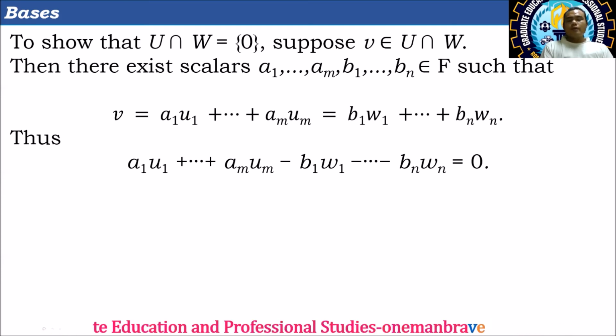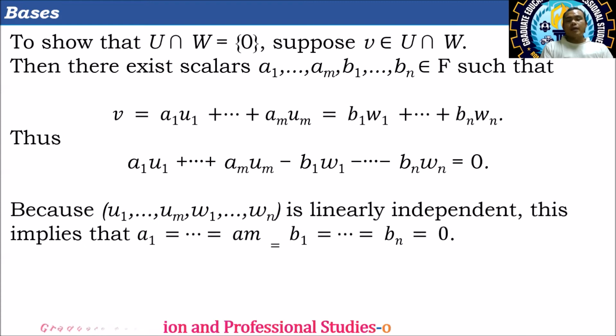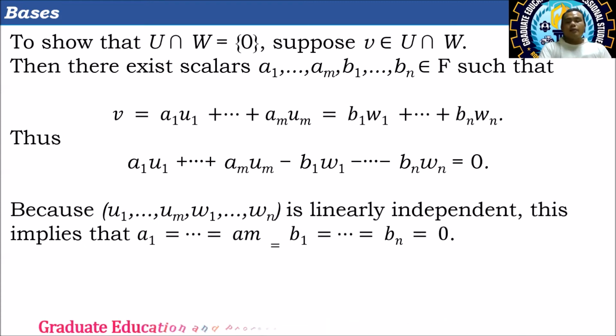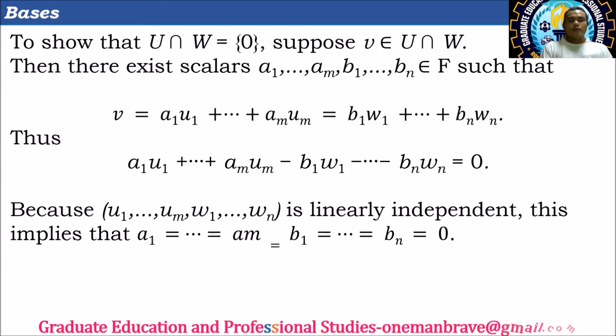Because the u's and w's are linearly independent, this implies that a sub 1 up to a sub m, equal to b sub 1 until b sub n, are all equal to 0.